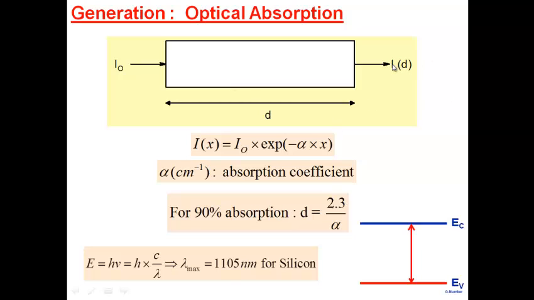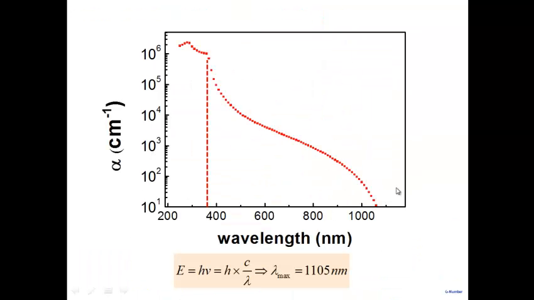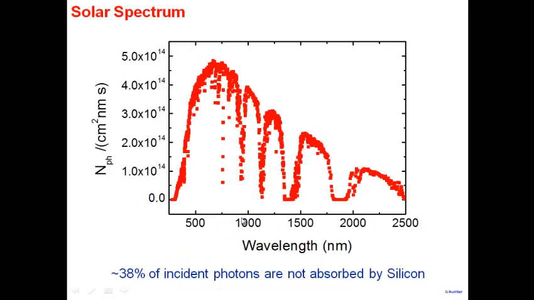Now, the thicker the silicon is, the more expensive the whole thing gets. The silicon substrate in a solar cell costs a lot. If I could make a very thin silicon and also absorb, that would result in a reduction in cost as well. So the implication is that these regions, 800 nanometer, 900, 1000, are all important regions for the solar spectrum, and I would like to absorb all these photons.